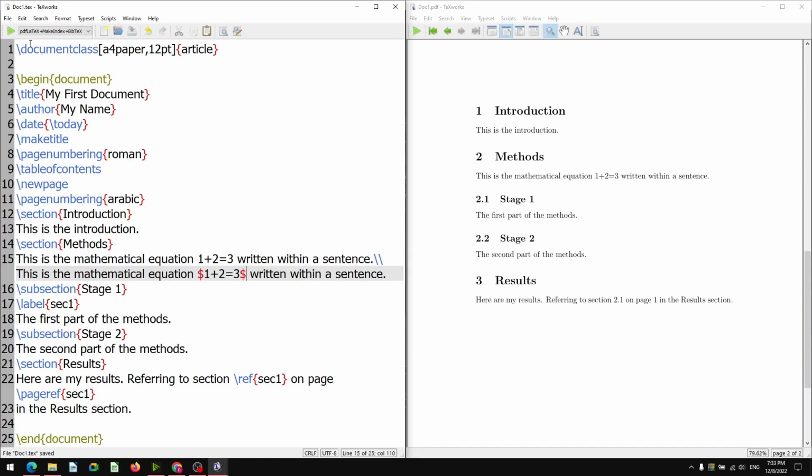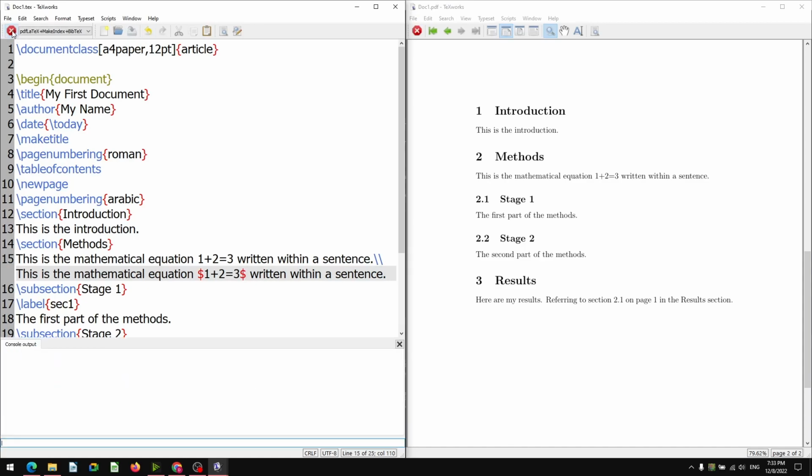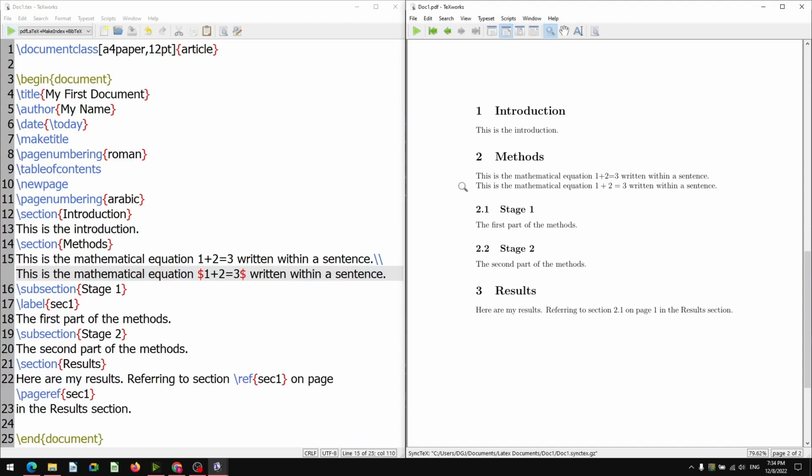So save it and click typeset. We can have this equation. Okay, so this is the equation written with math mode. Each number and each symbol is separated with spacing. Okay, but it is within the same sentence.